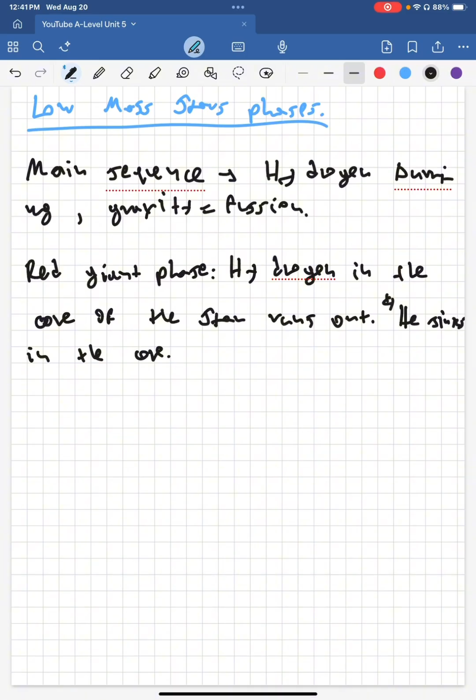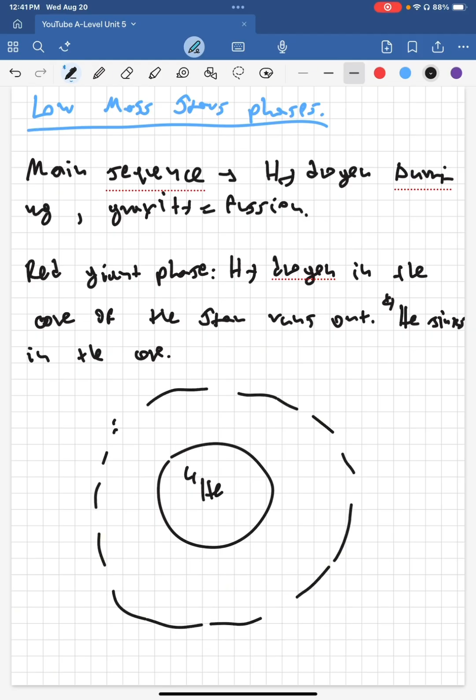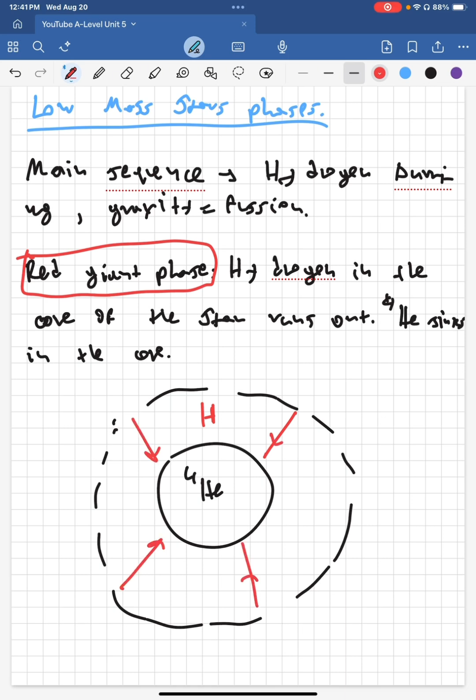So the situation becomes as follows. You have the helium-4 in the core, and we are talking about the red giant phase, by the way, okay? And you have hydrogen in the outer layers of the star, okay? And gravity keeps pushing on that hydrogen, okay? So that's gravity.